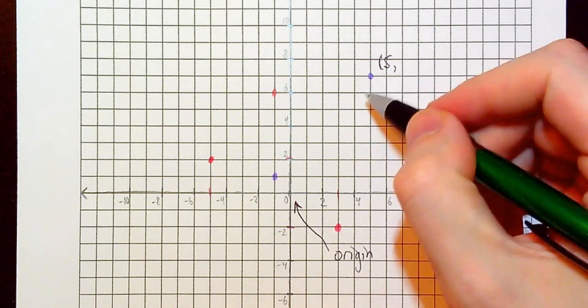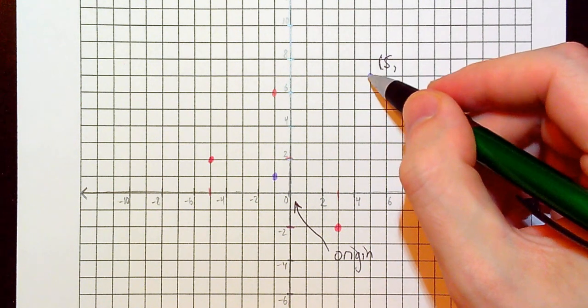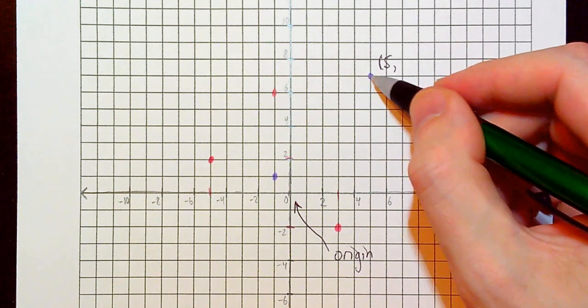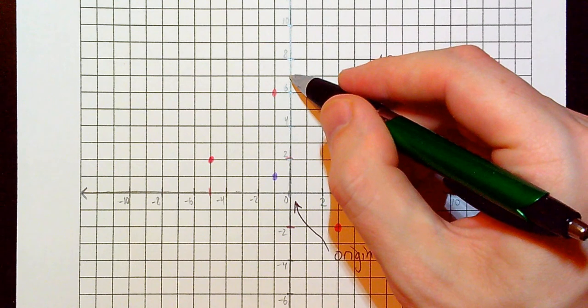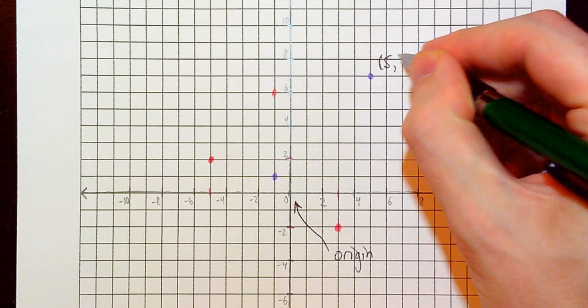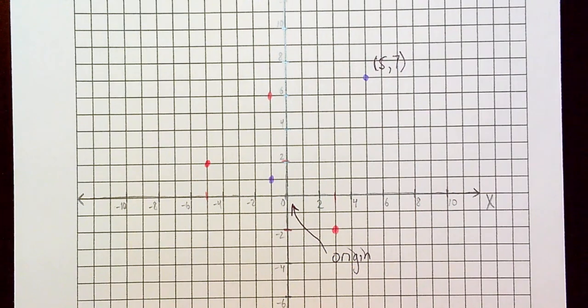And now to find the y-coordinate, go horizontal until it intersects the y-axis. It's going to hit halfway between 6 and 8. So the y-coordinate is 7, and the coordinates, we say, for this point are 5, 7. X-coordinate is 5, y-coordinate is 7.